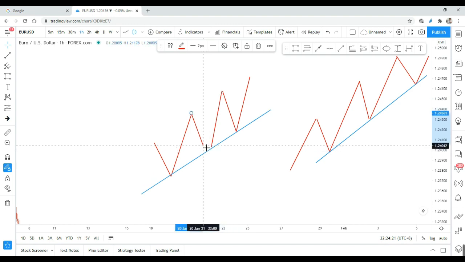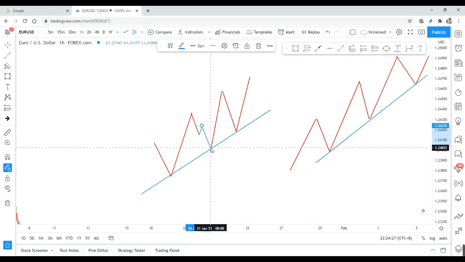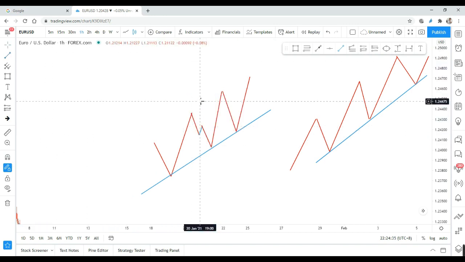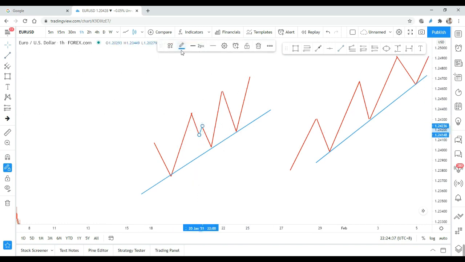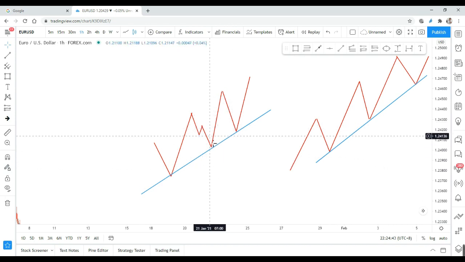There might be this kind of small movement, then drop. Sorry, I'm not used to this kind of drawing. I think I'm going to go back to the basics of this. So there might be a movement like this.